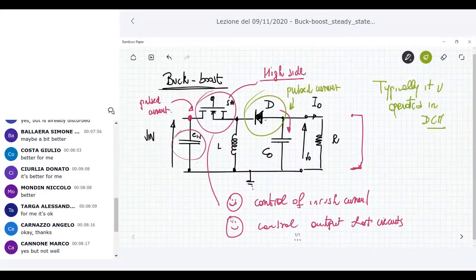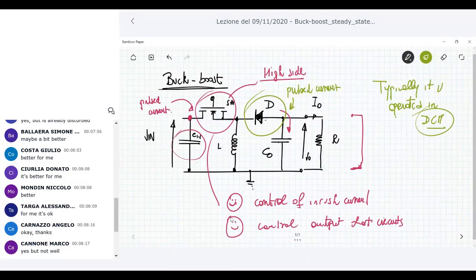Why? Because, as I said before, the buck boost is the merge of the buck and the boost. Remember that the boost cannot be operated easily in CCM due to the transfer function, the loop gain of the closed loop system, that has some problems in having a very large phase margin. So this is the same for the buck boost.